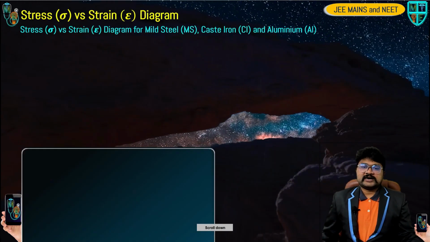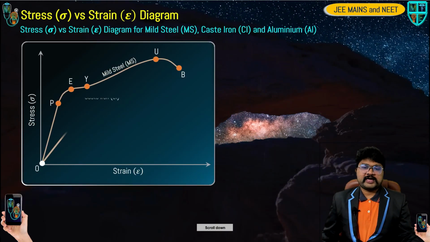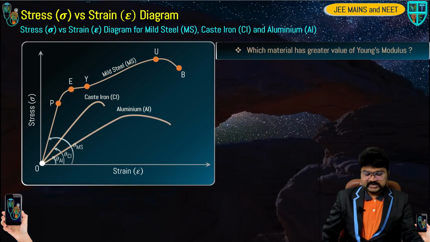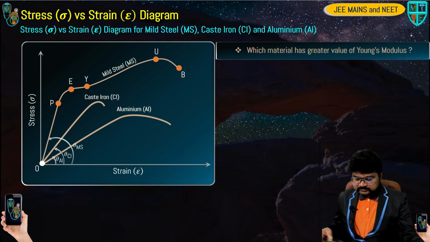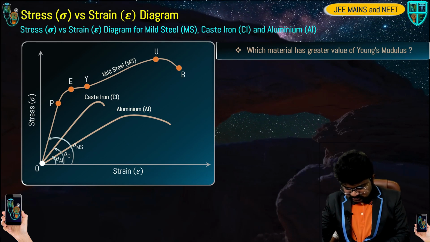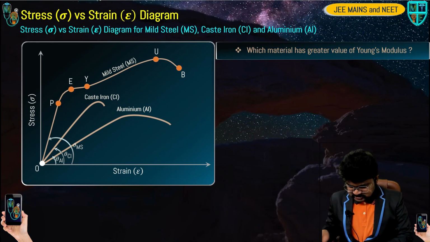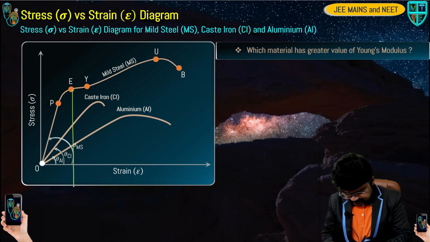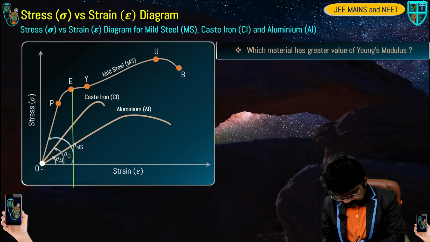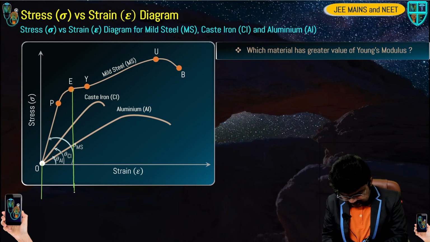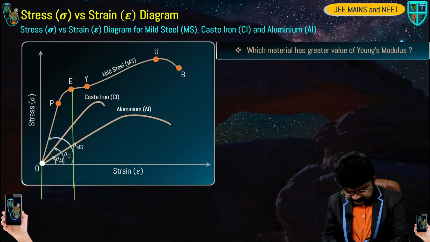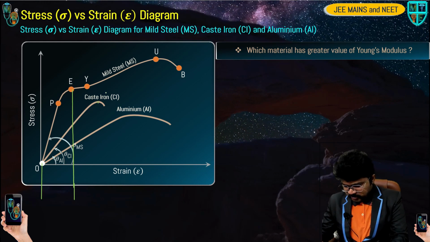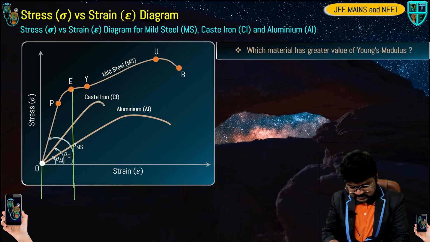Now from the Young's modulus, how to judge which one is more elastic. From here to here I can say this is the elastic deformation of mild steel. This would be the elastic limit and yield point of the material.